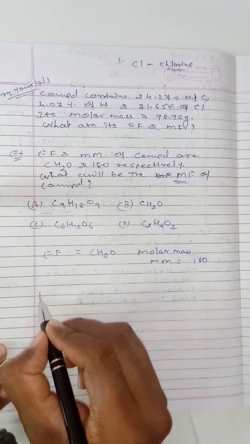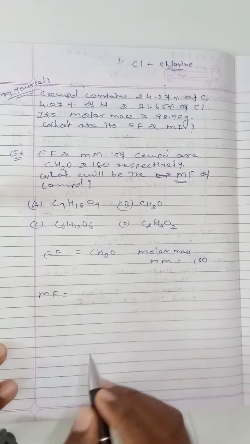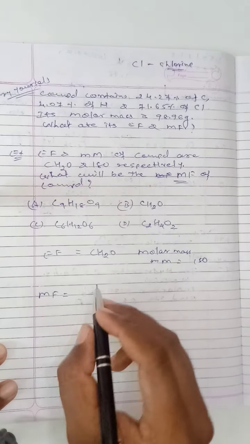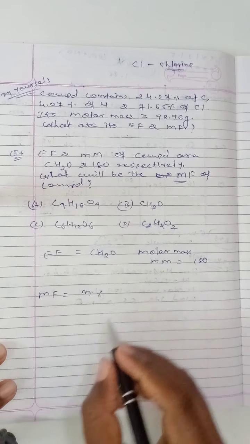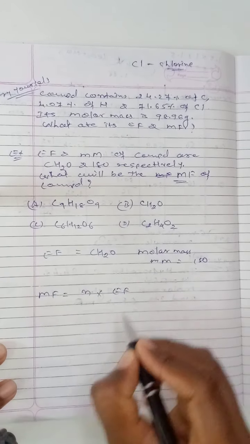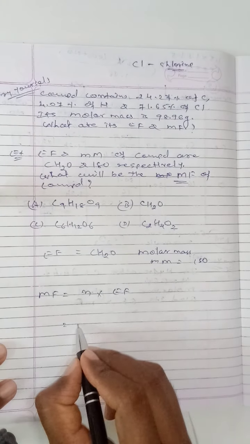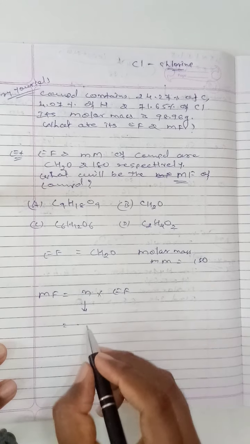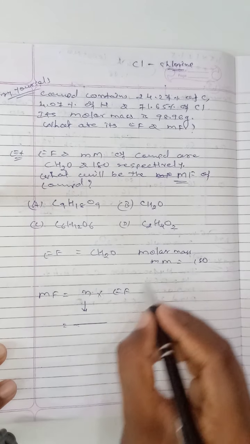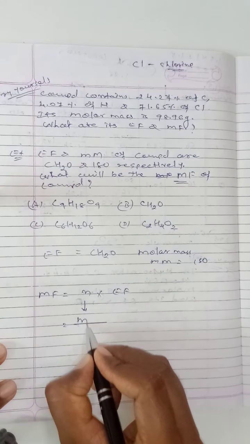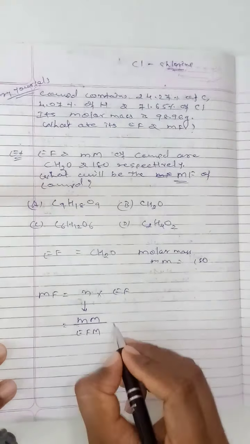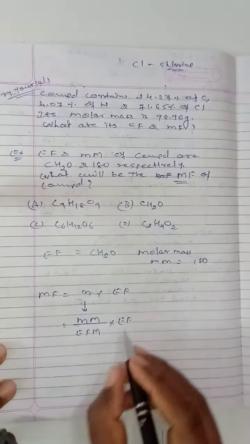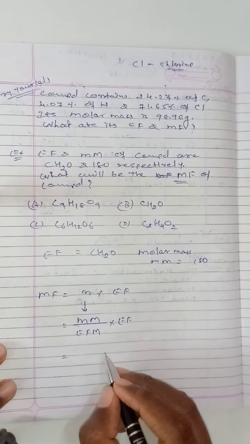For molecular formula, MF equal to integral number multiplied by empirical formula. For n, it means molar mass divided by empirical formula mass, multiplied by EF empirical formula.